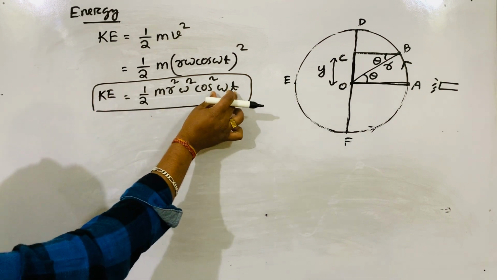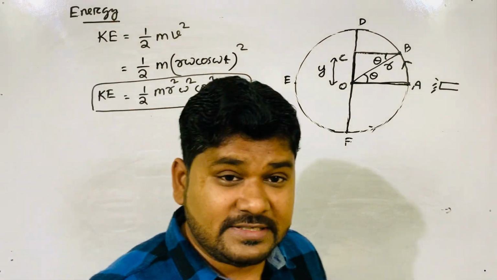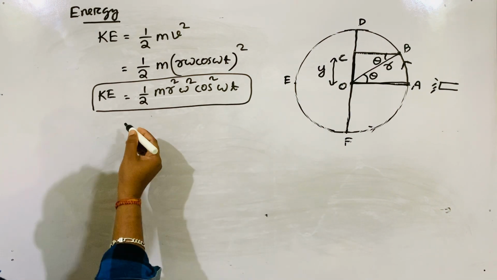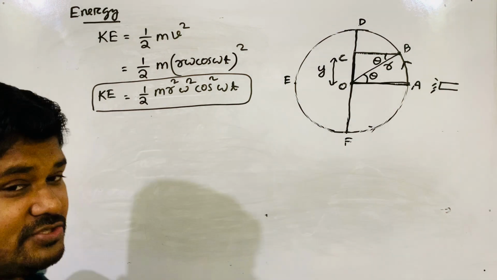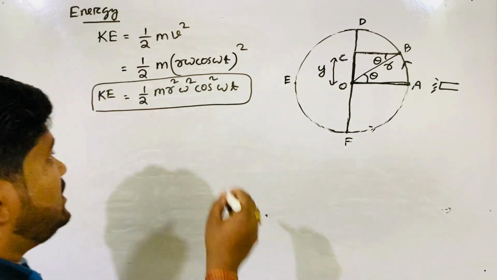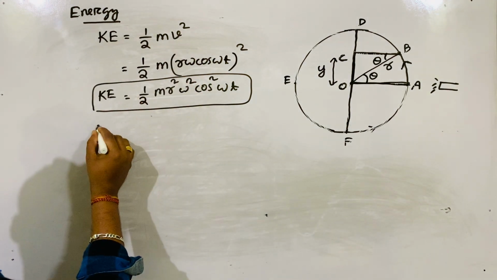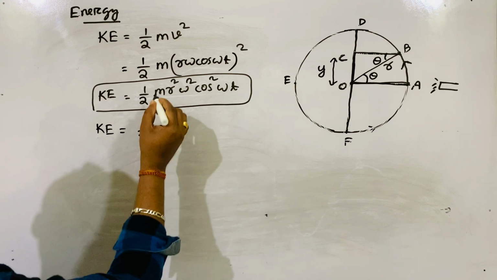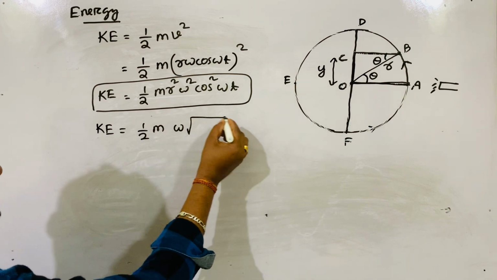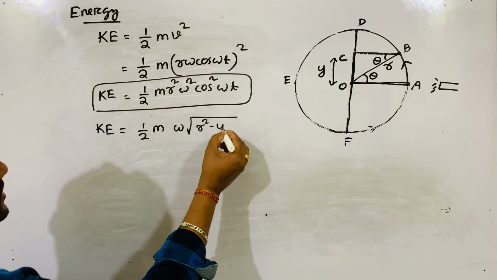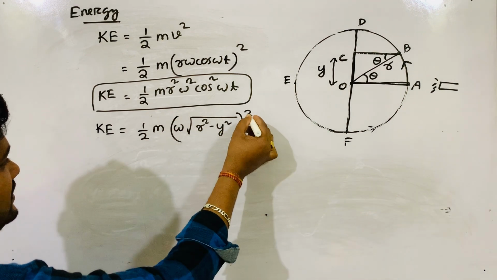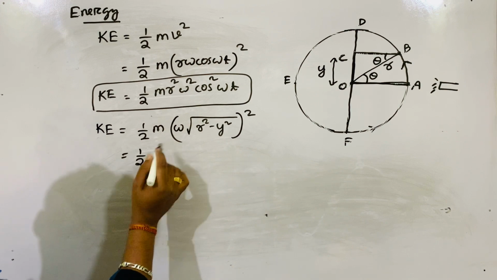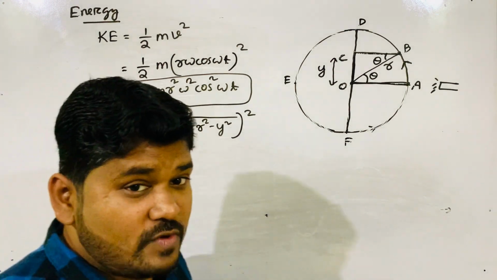This is how kinetic energy varies with omega t. You can also write kinetic energy in terms of y. If I put in place of v the expression omega root under r square minus y square, then square it, because for v square, for v I have given you two expressions.